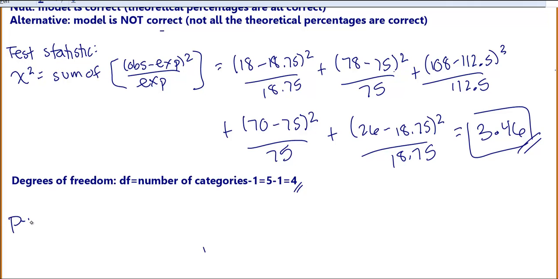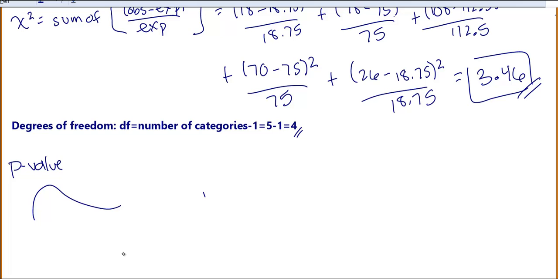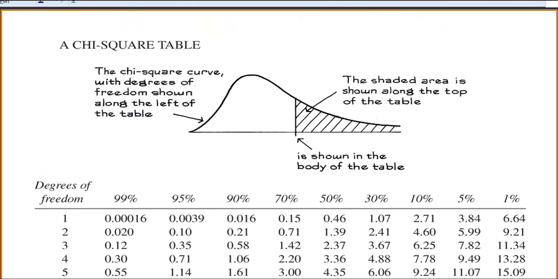Then the p-value. So okay, here's chi-squared equals 3.46. We want to shade to the right. And we have 4 degrees of freedom.